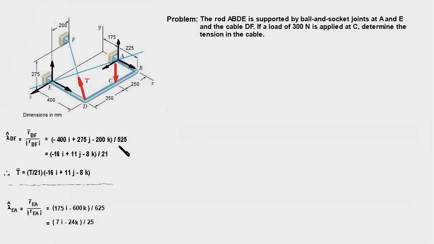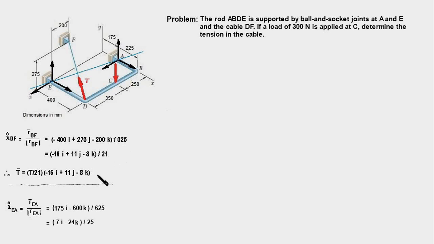And in the denominator you have the magnitude of this position vector, and this will simplify to this vector. And therefore, the tension force would be equal to T upon 21 times this vector. So this is the tension force in vector form.